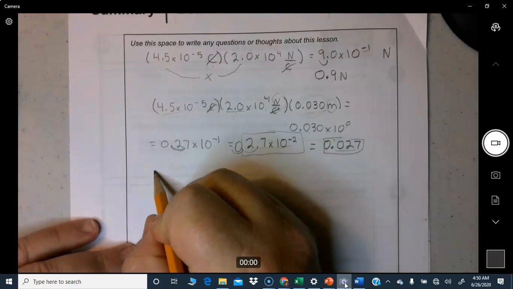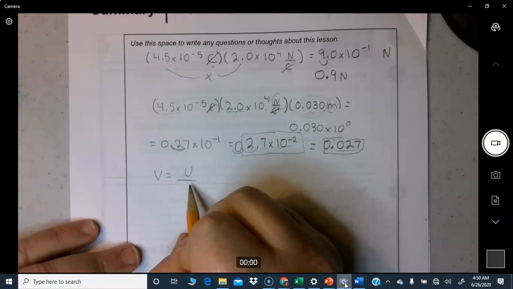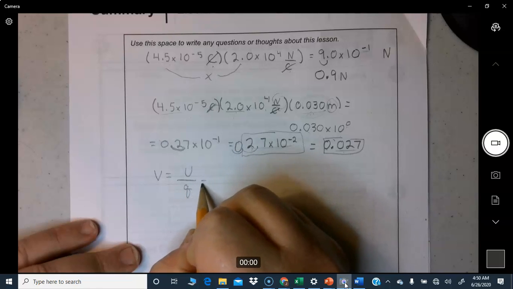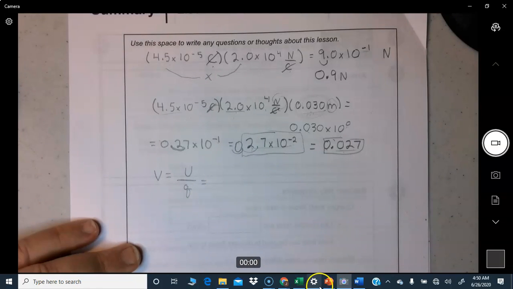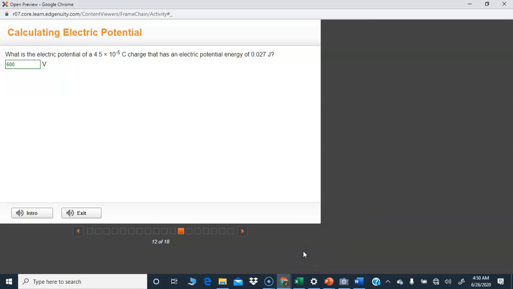All right, so we have V equals potential energy over charge. Let's check that out. It's 0.027, that's the potential energy, joules being the measure of energy, divided by 4.5 times 10 to the negative 5.